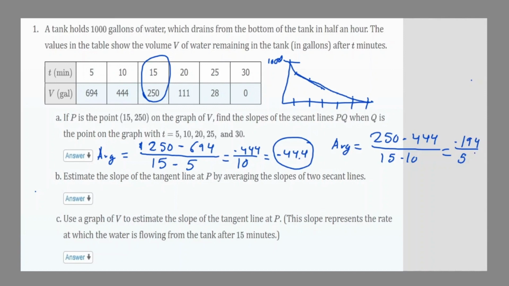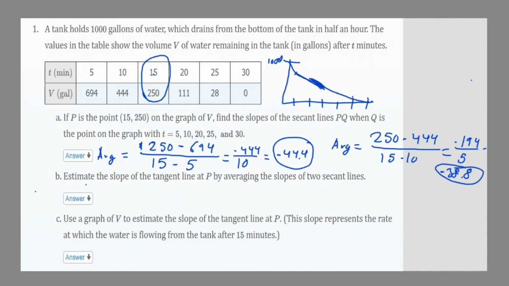Now if you simplify this further, we will have negative 38.8 as a slope from 10 minutes to 15, which is our PQ line. So it would be this line right here, the 10 minutes to 15, negative 38.8. It kind of checks out, it's going down, which means it's negative. And you would do the same thing for 20, 25, and 30. They would all be negative, but it would be gradually decreasing.